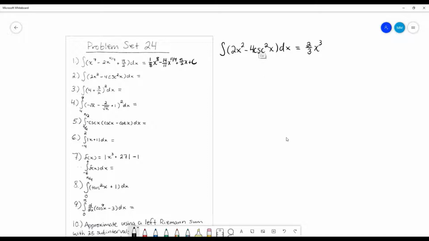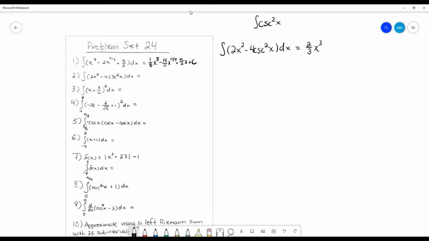This here, however, ignoring this coefficient, because that doesn't actually matter, let's see, the integral of cosecant squared of x. Well, we've got to think back to our known trig derivatives.